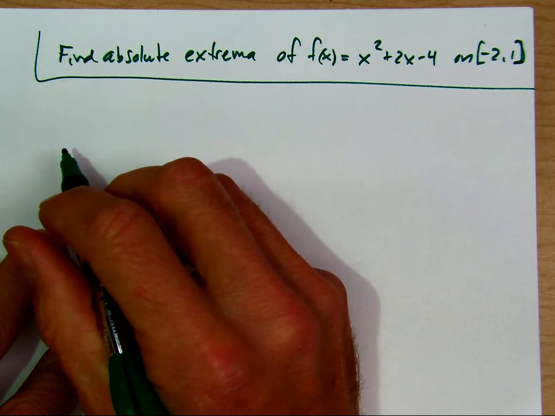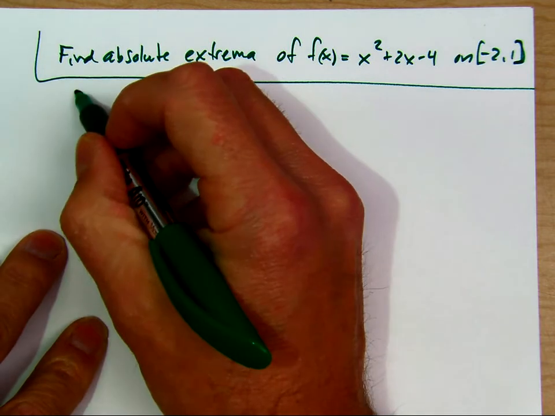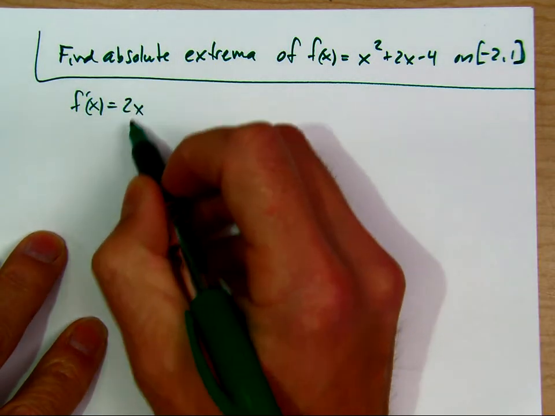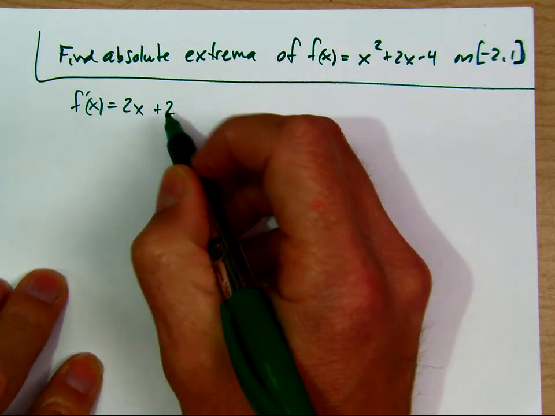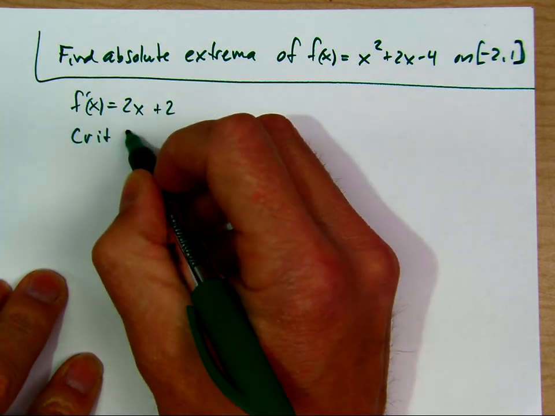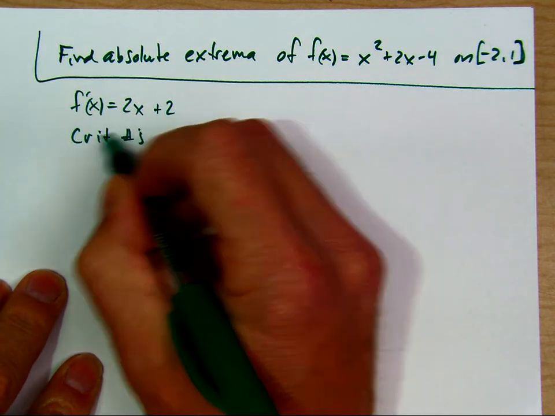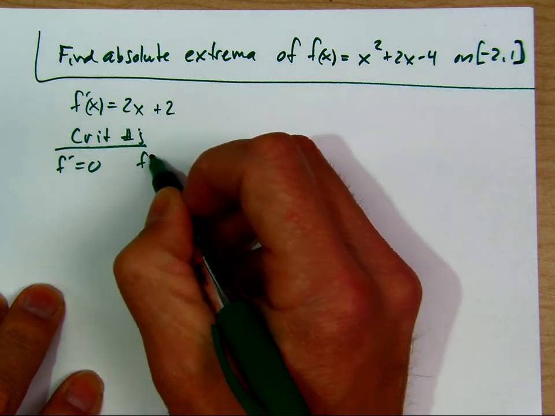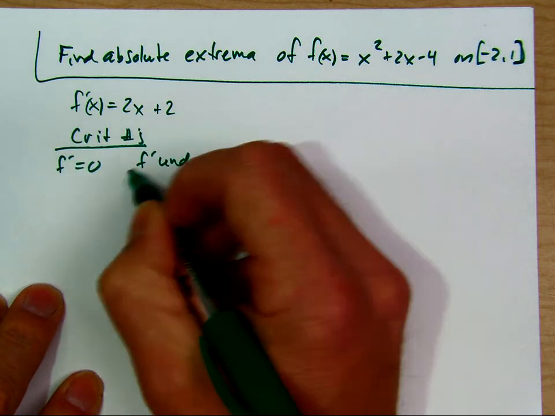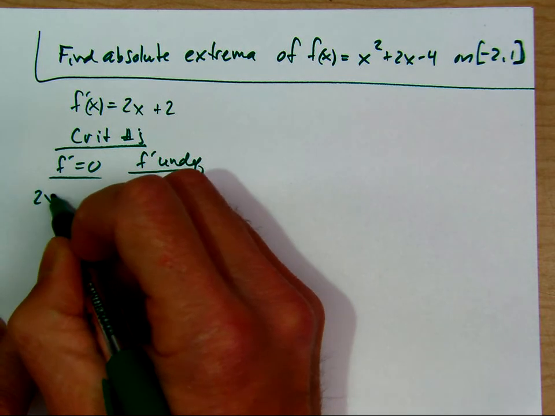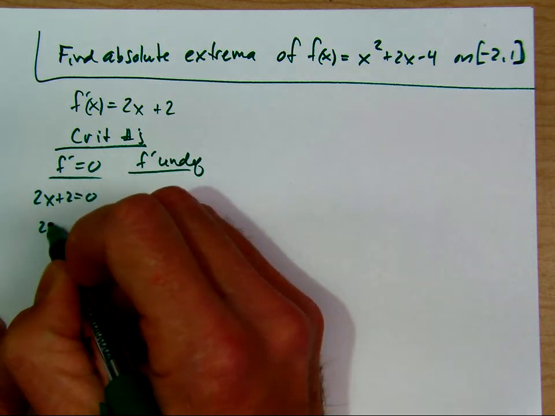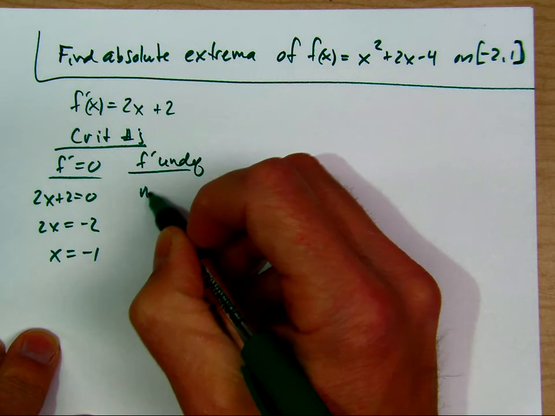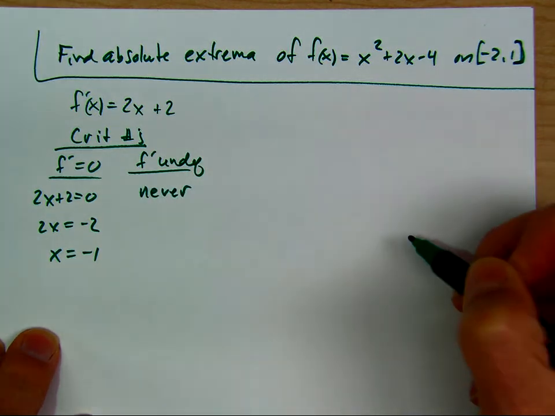All right, so we need critical numbers first. We'll find the derivative, and we have 2x plus 2. Let's find critical numbers, and that's when f prime is 0 or f prime is undefined. And a polynomial is never undefined.